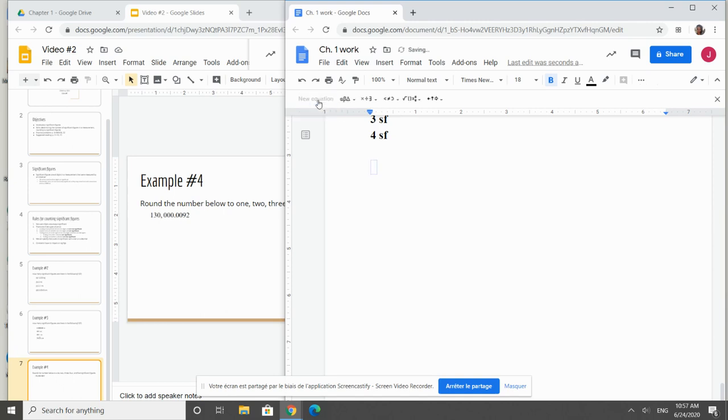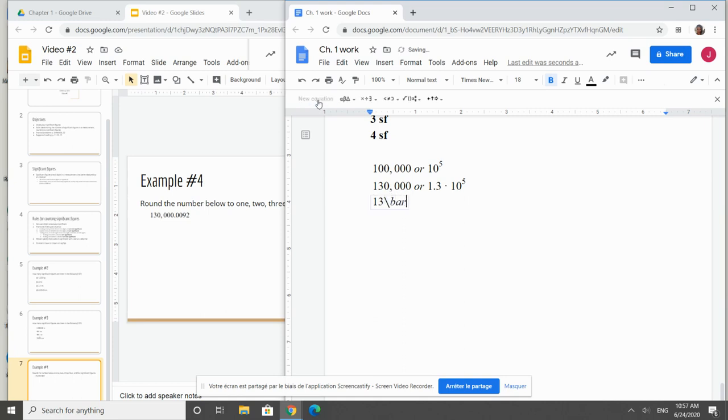So for the first one, for 1 sig fig, it is just 100,000. Or if you wanted to do it in scientific notation, that would be fine too. It's sometimes easier to do it that way. For 2 sig figs, 130,000, or 1.3 times 10 to the fifth. Either way is fine. There's not a better or worse.